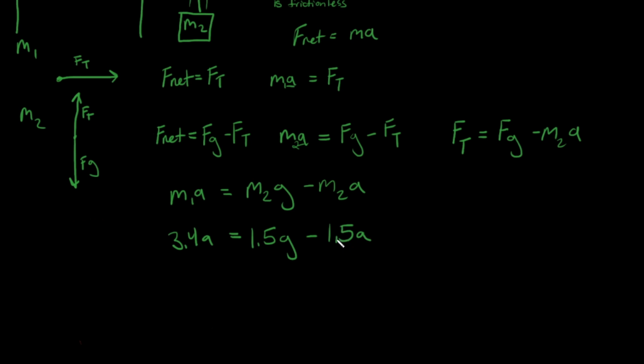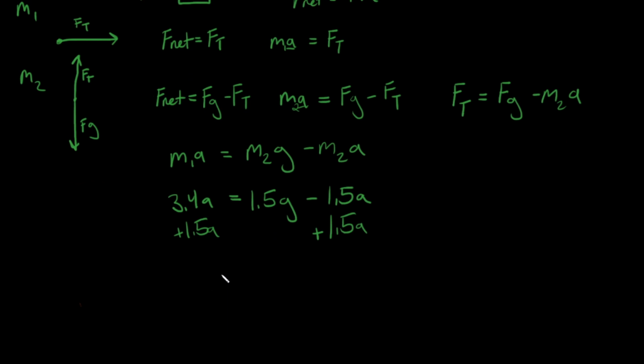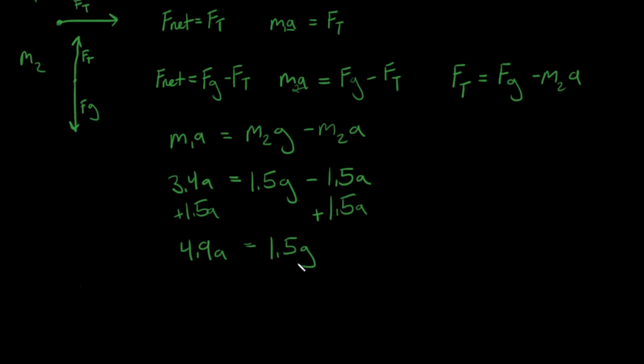Now let's bring both of these a's to the other side. So we have 3.4a plus 1.5a, and we'll get 4.9a is equal to 1.5g. And we know g is just 9.81, so we can do that really quickly.